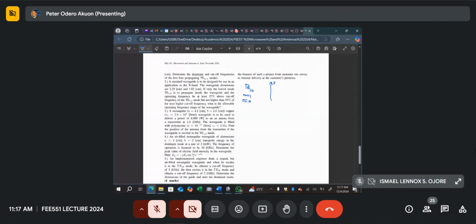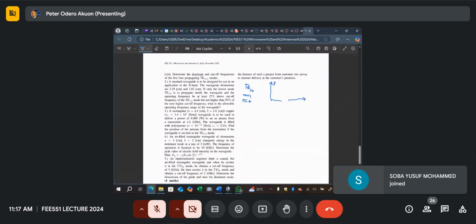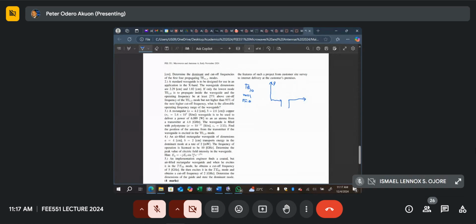So if that's Y, there's no variation on Y, but on X, and given a field, we had seen that you're supposed to place the probe at half X. So you'll have the E field there.